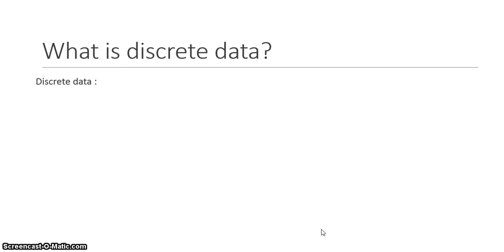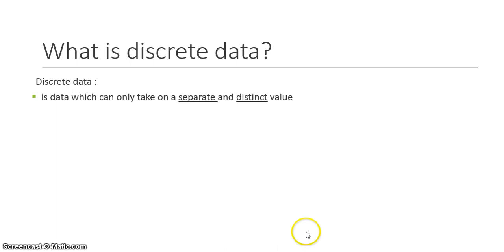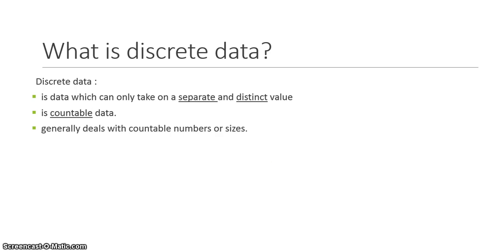So what is discrete data? Discrete data is special data that can only take on a separate or distinct value. More specifically, it's countable data. It generally deals with countable numbers or sizes.